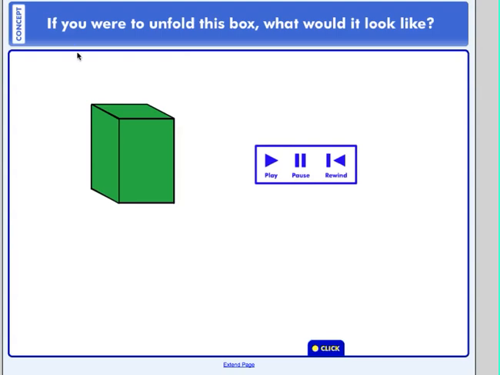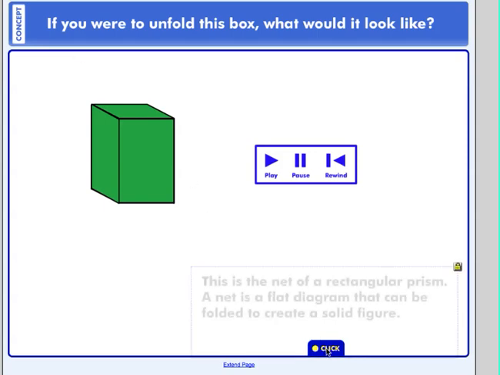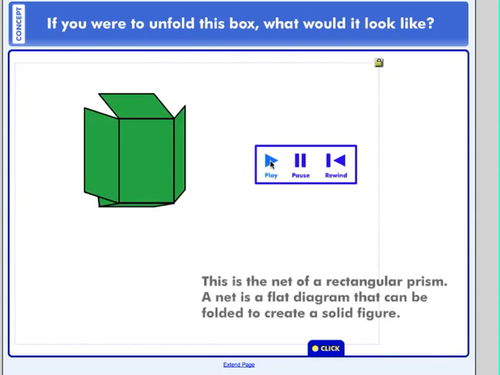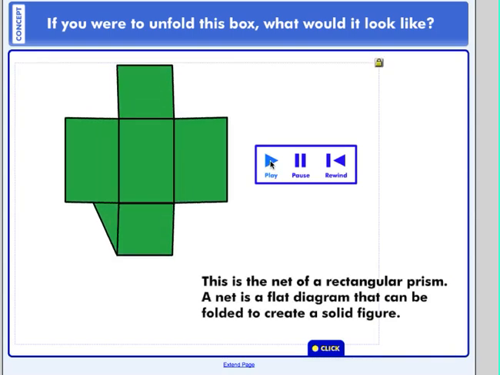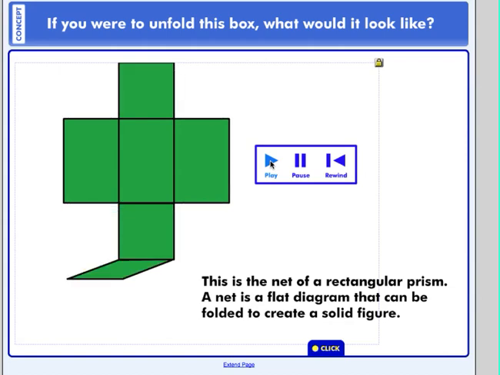Now, if you were to unfold this box, what would it look like? Can you imagine it in your mind? Okay, that would be one way to unfold this box. Now, what we call this when we have a picture of an unfolded solid, we call it a net.